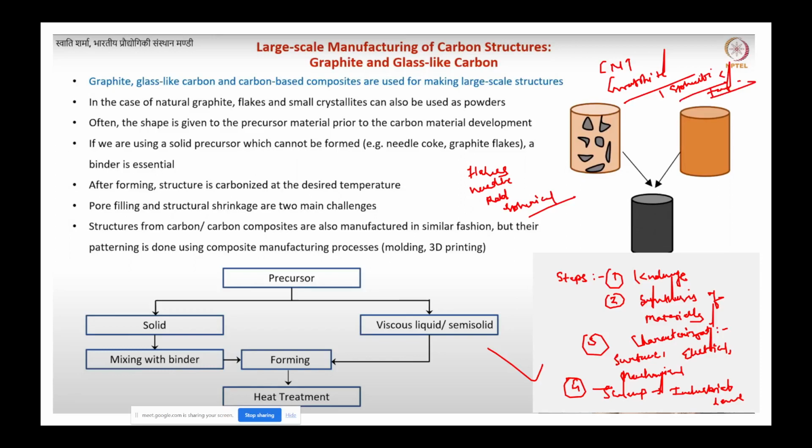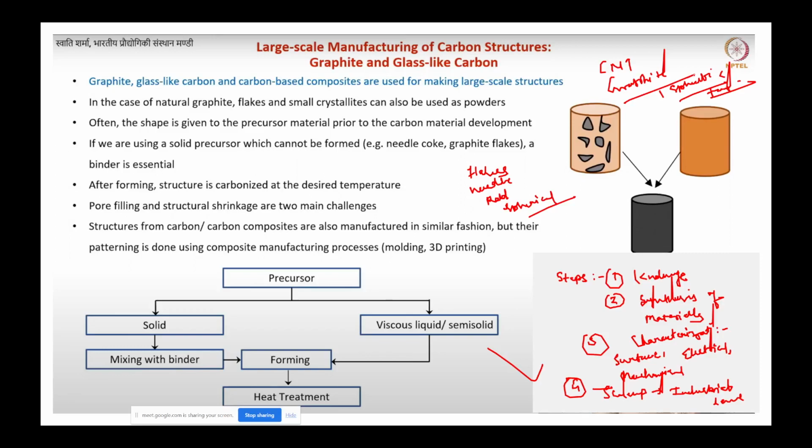It should be optimized. It should not be a very high temperature such that your material will burn out, and it should not be a very low temperature where your material could not carbonize properly. So pore filling and structural shrinkage are two main challenges.